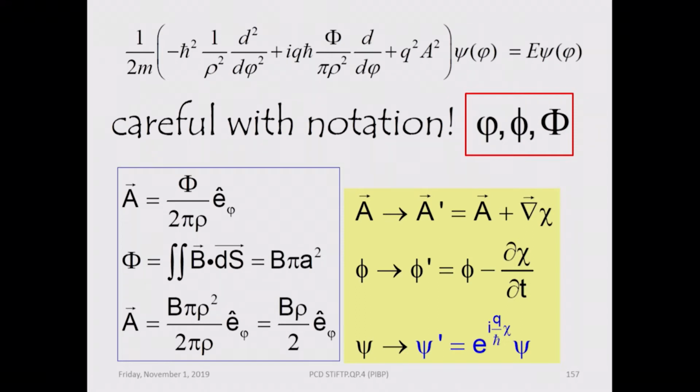We also discussed the gauge invariance properties of the Schrodinger equation, and we recognize that when the vector potential is changed from A to A prime, which is A plus del chi, chi being the gauge function, the electric scalar potential goes to phi minus del chi by del t, and the Schrodinger equation is invariant with the transformation which involves a phase factor, which is q over h cross times the gauge function, and q is the charge.